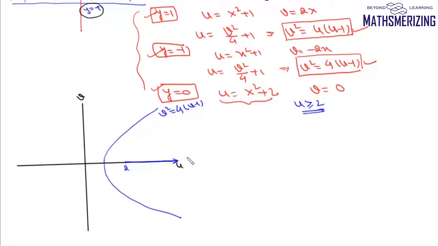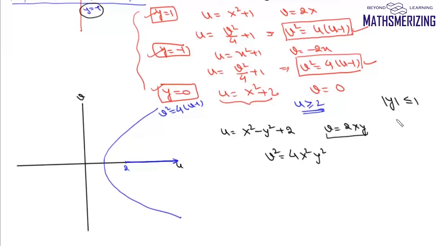Now we need to find the complete region. We know that u is x square minus y square plus 2 and v is 2xy. So we'll square the second equation and get v square equals 4x square y square. The question says mod of y is less than or equal to 1, which simply means y square is less than or equal to 1.